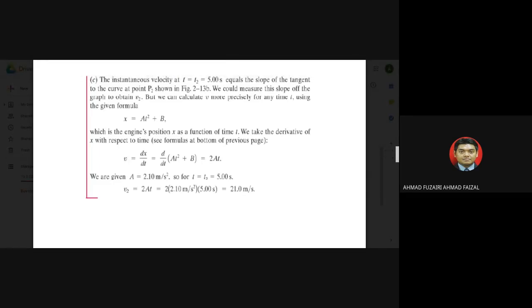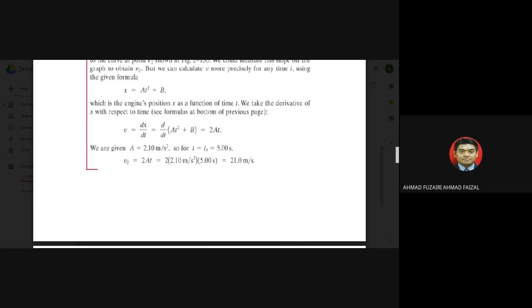And of course dia dx over dt untuk dapatkan v. Okay, dx over dt untuk dapatkan v. And then dia dapat 2 at. And then finally apa yang dia buat? So dia gantikan t tu dengan 5 seconds. Therefore, you'll get 21 meter per second. Okay, so that's how you encounter the problem using this part of it.